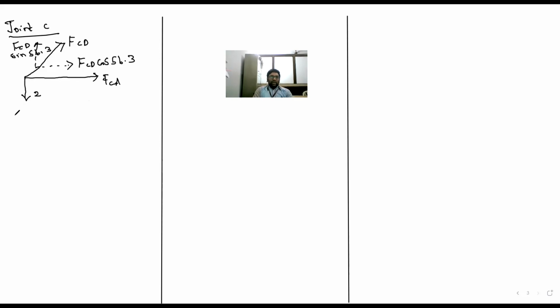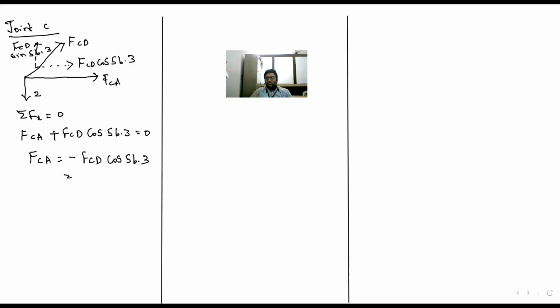Now, sigma Fx is equal to 0. FCA plus FCD cos 56.3 is equal to 0. FCA is equal to minus FCD cos 56.3. We have calculated cos 56.3 as 0.55, so FCA is minus 0.55 FCD.